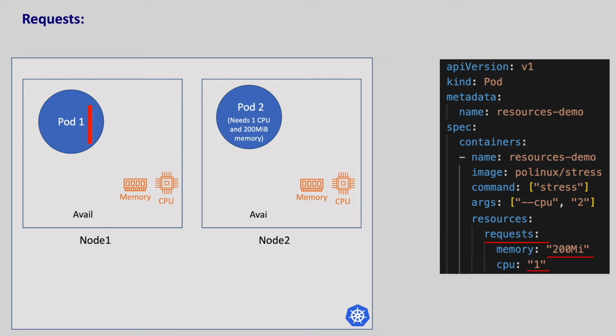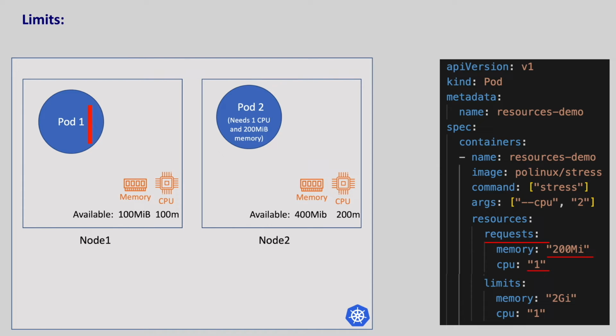In Kubernetes, we can instruct to limit the CPU and memory to a container. And this can be done with the limits in the same resources section. So to summarize both requests and limits, with request, we define the minimum resources that should be available on a node to schedule a pod, and with the limits, we define the maximum resources a pod can use.